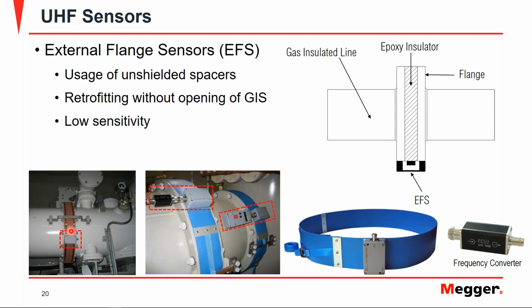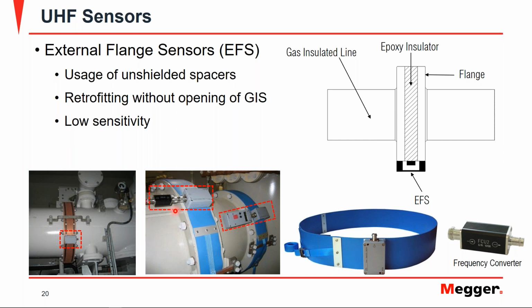We have some examples here where you can see a permanent installation with this copper belt around the external flange, and the external flange sensor here in this red box. And another example here of a temporary installation where you have the external flange sensor with our frequency converter unit that I was talking about, that you can use to create that envelope for your partial discharge measurement.